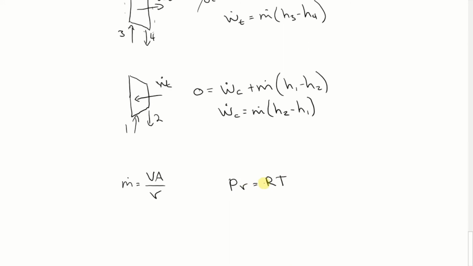With this specific way I've written it out, this R is R specific, which is equal to R bar, the universal gas constant, over the molar mass, which for air works out to be 8.314 over 28.97.